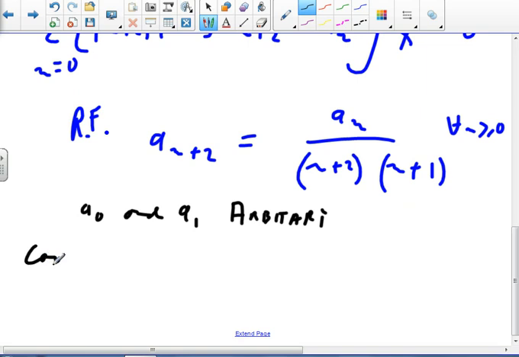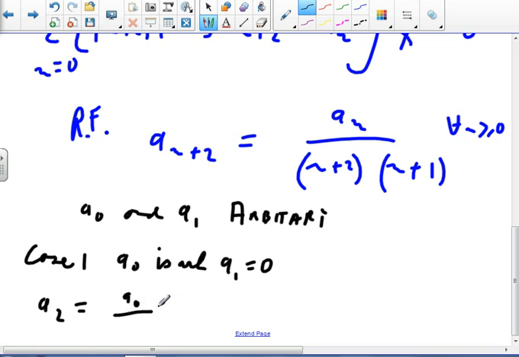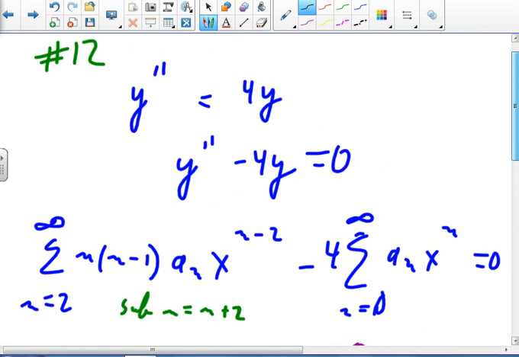So I'm going to have case 1: a0 is arbitrary, a1 is 0. In that case, a2 would be a0 divided by 2. That's my original formula anyway.